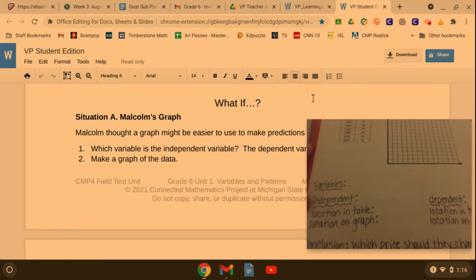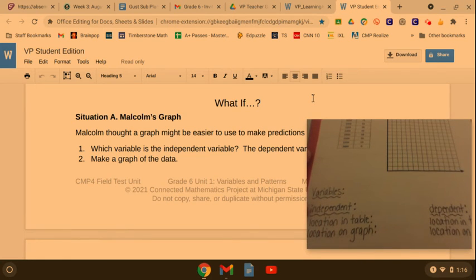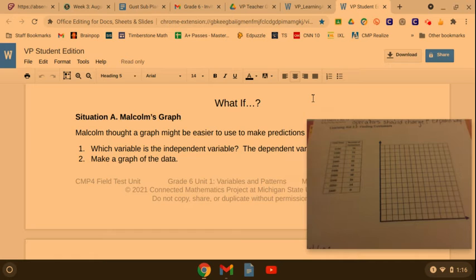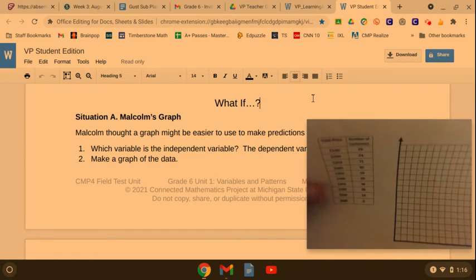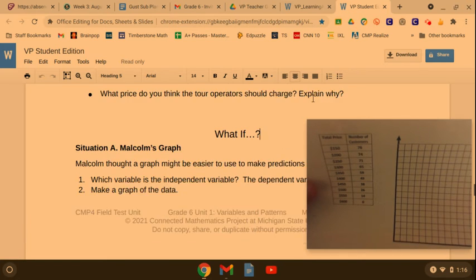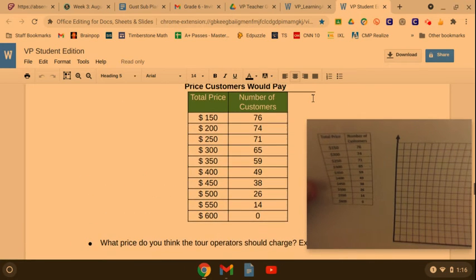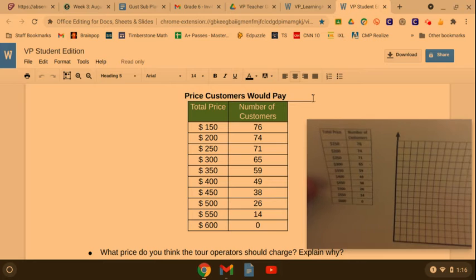Looking at our table helps tell us what the dependent and independent variables are. Our table tells us that we're working with two different variables, and I can even scroll back to our book page here. We have total price and number of customers.